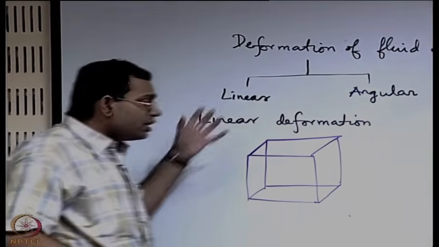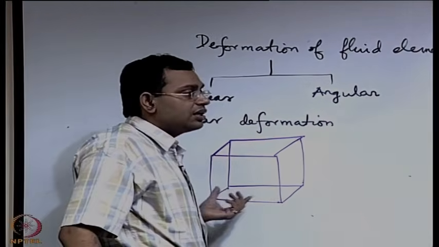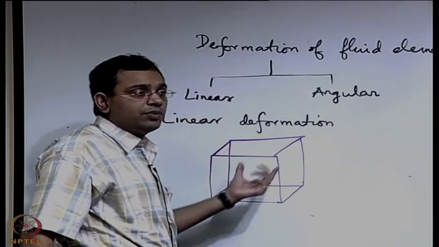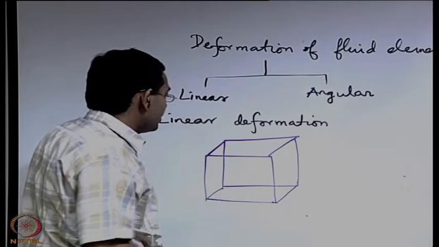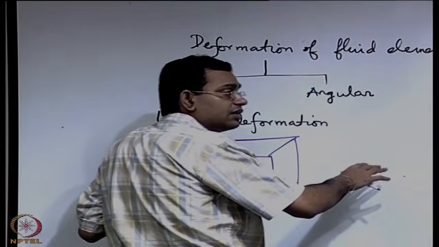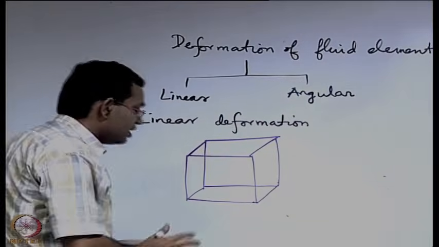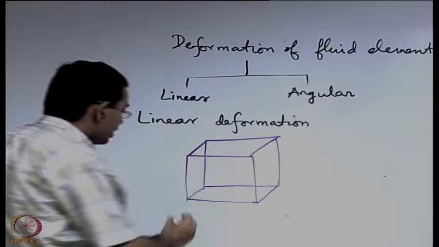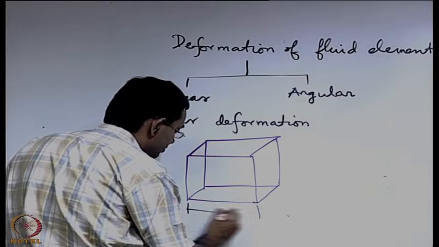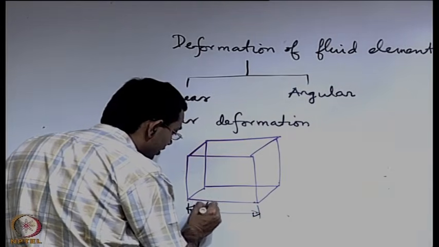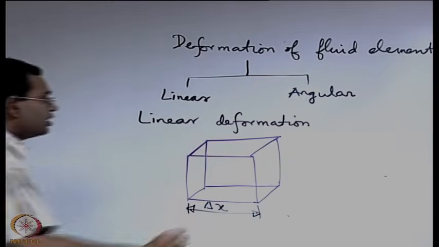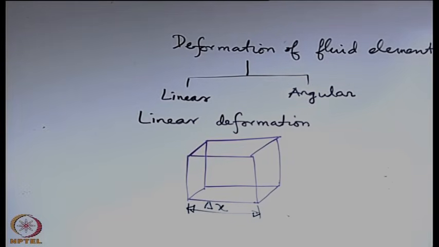Similarly, whenever we are considering a change along x, we are bothered only with the change in the linear dimension along x, disregarding what happens along y and z. So let us keep that target. Let us say that delta x is the length of the fluid element which is originally there, and now we are having a change in time.